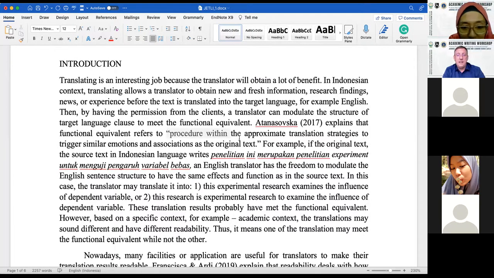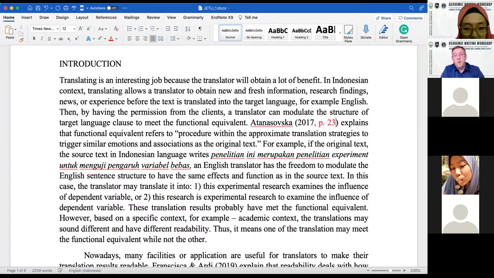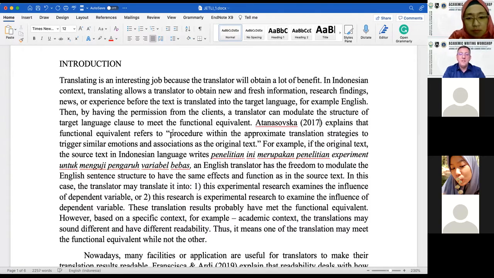Like here in this sentence, the author used quotation marks. How do I know this is direct speech? What they should have done is include the page number where this particular quote comes from, or if it's not a particular quote, you just use a single quotation mark.